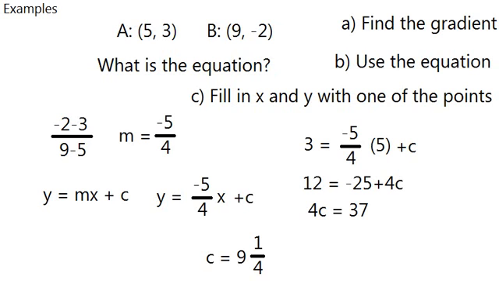You will end up with y equals -5/4 x, which is the gradient again, plus c, the constant or the height of the graph, which is 9.25. So that's it for this example.